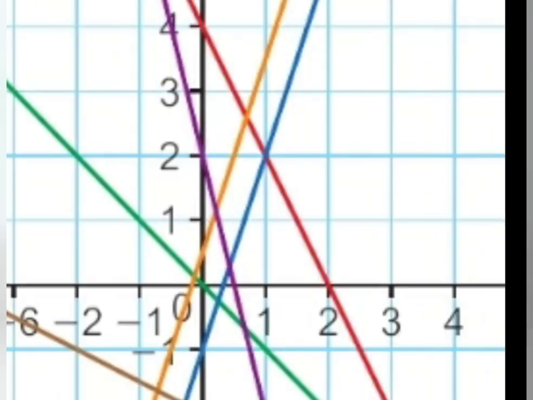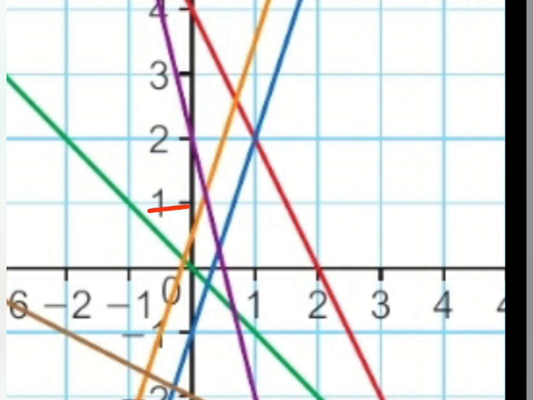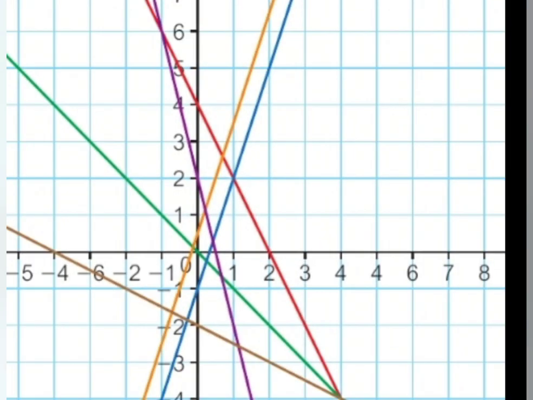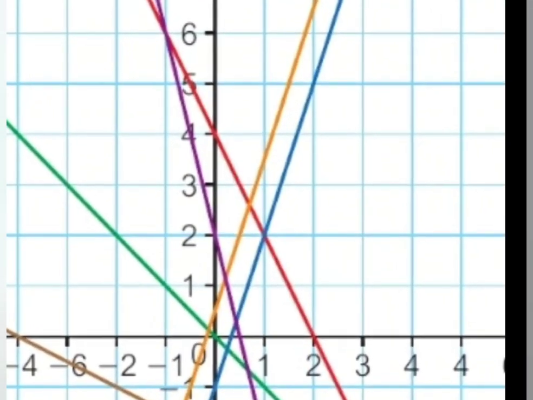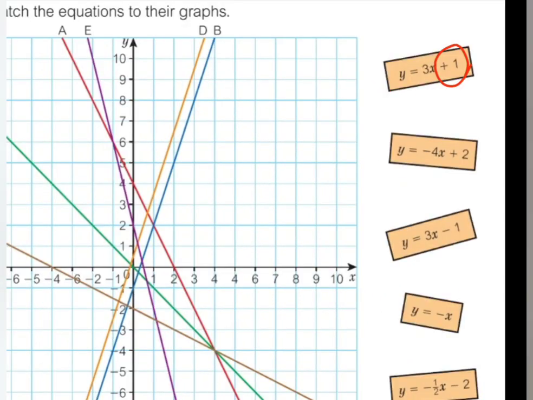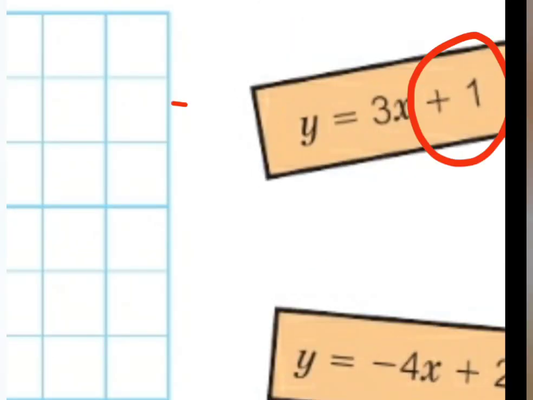I think it's not accurate here because this is plus 1. I think in the book it's more accurate. But here we should have a line that crosses plus 1, and it's D. Yeah, it's D. So here we write D next to it.